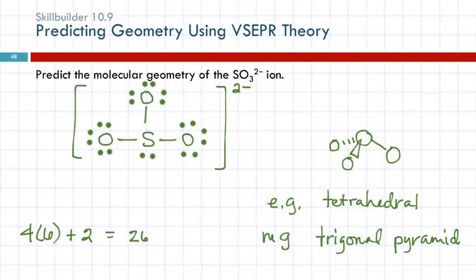And I just think this is easier to look at than trying to describe the shape of something that's sort of random. These can rotate in space, so the fact that this is on the bottom and here I drew the lone pair on the top doesn't matter. You just need to recognize that the lone pair is a lone pair.